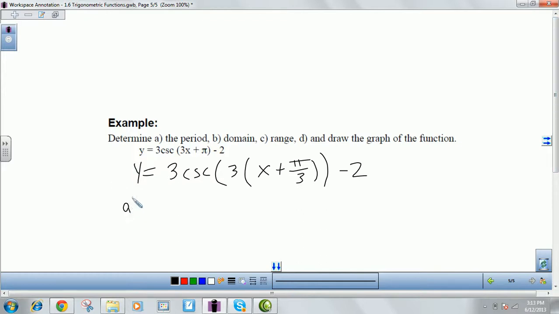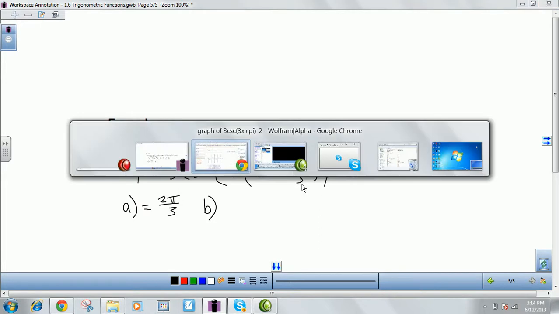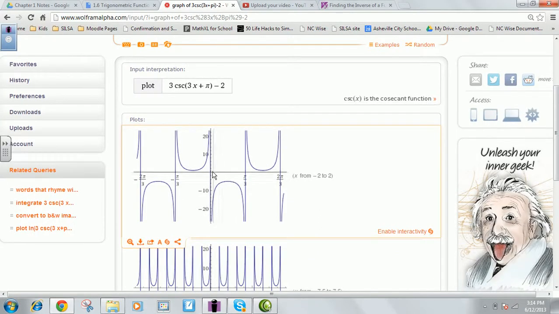Okay, so you should have found that your b is 3, so the period occurs every 2 pi over 3 units. Then your domain, in this case, takes the regular graph and pushes it over pi over 3 units. If we look at our graph here, instead of everything being perfectly lined up, it happens every pi over 3 units, so you'd have pi over 3, 2 pi over 3, and so forth.